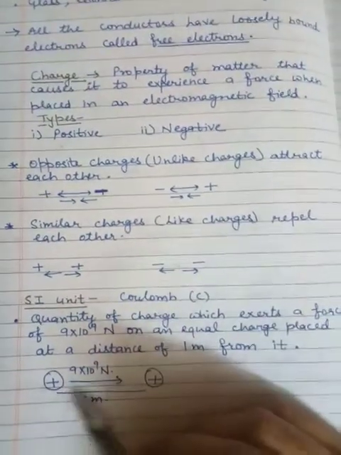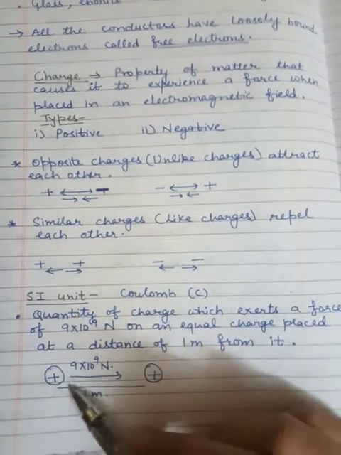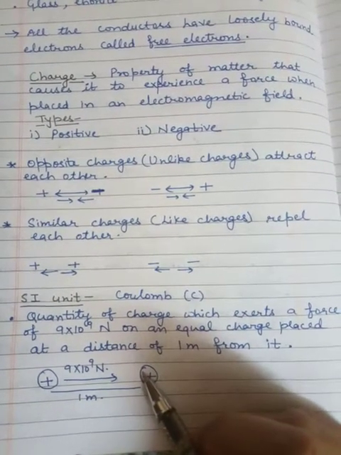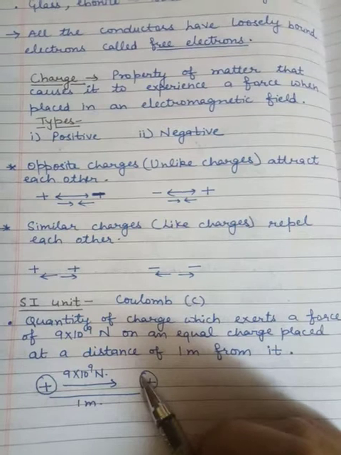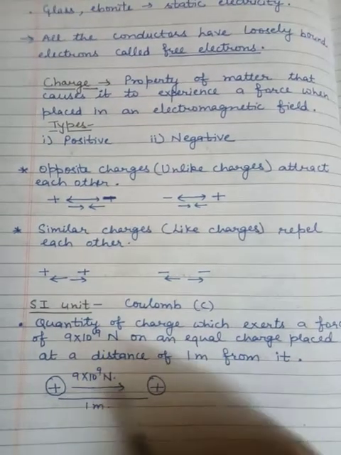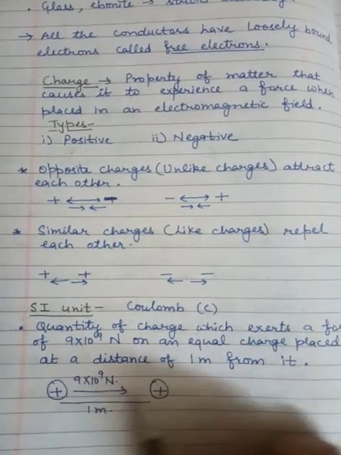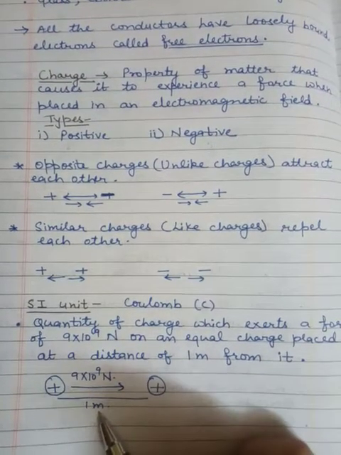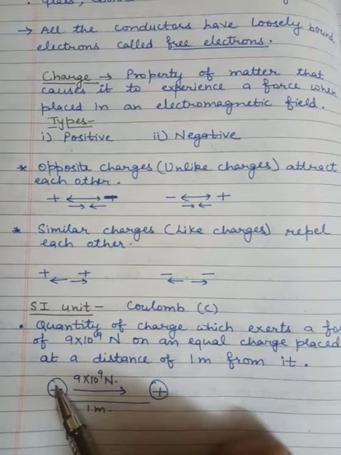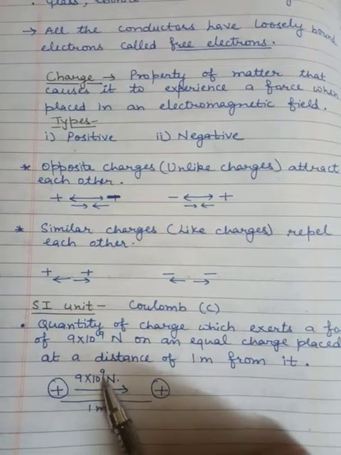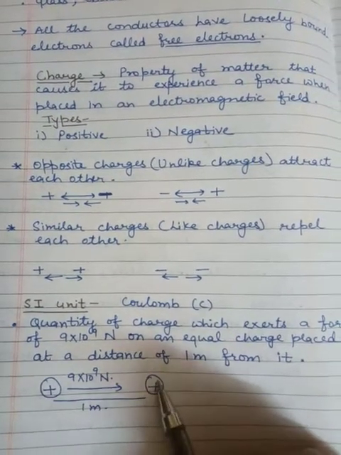That means when we have two charges, equal in magnitude, say two positive charges, and the distance between these two charges is 1 meter, then this charge will exert 9 into 10 raised to power 9 Newton force on the other charge.